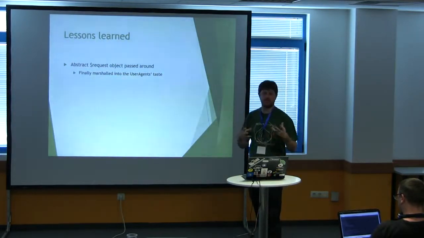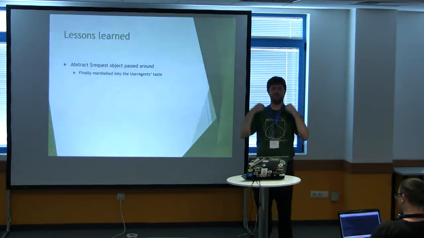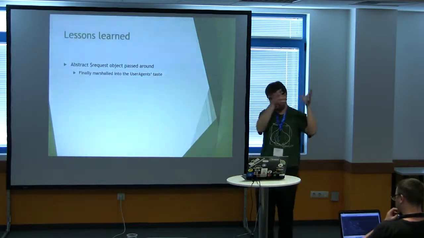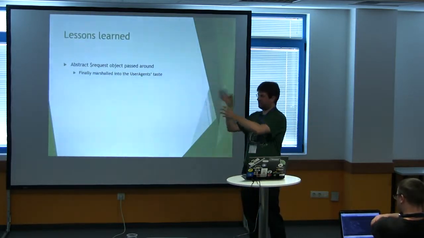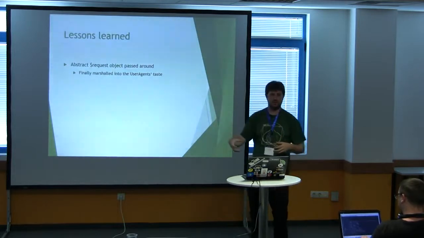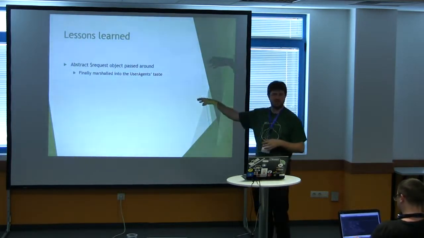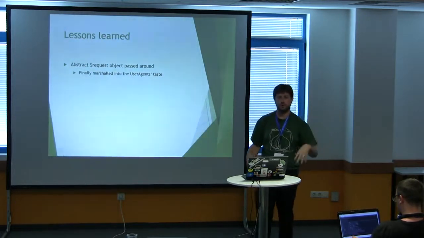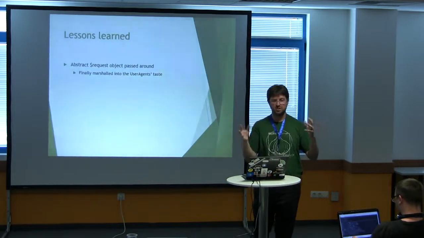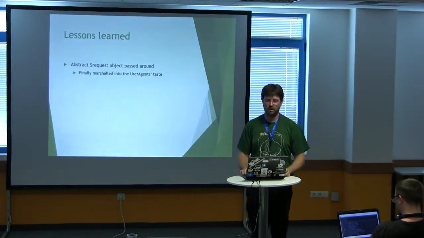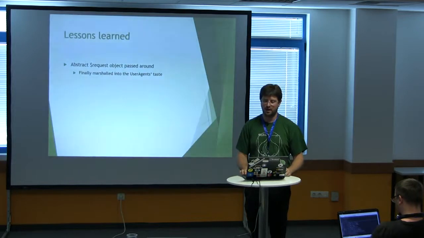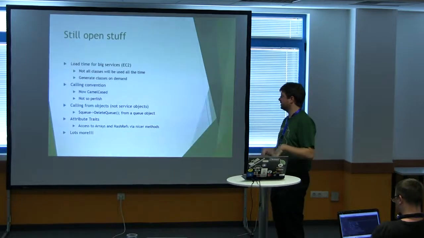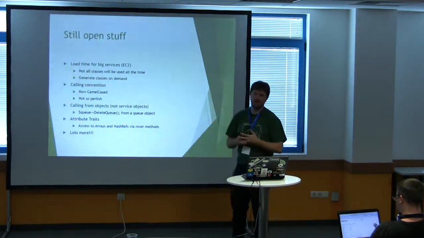So finally, an abstract request that would represent my interests, not the HTTP request's interests, would be pushed around the roles and finally marshaled into whatever the user agent needs. That helped me implement the Mojo caller very rapidly, because Mojo has a different-ish way of doing the HTTP request.